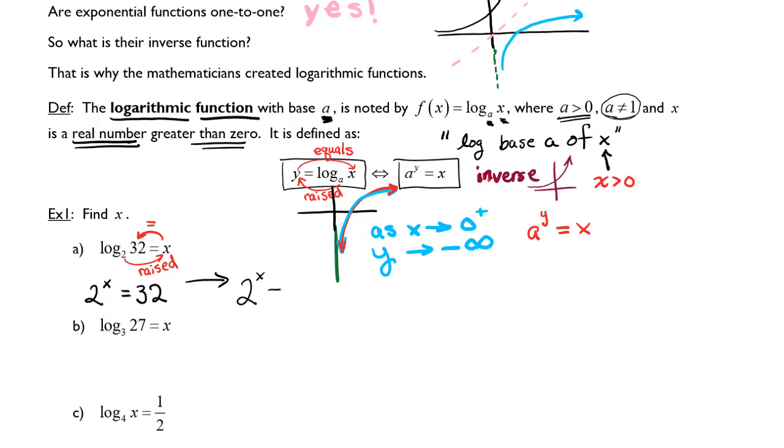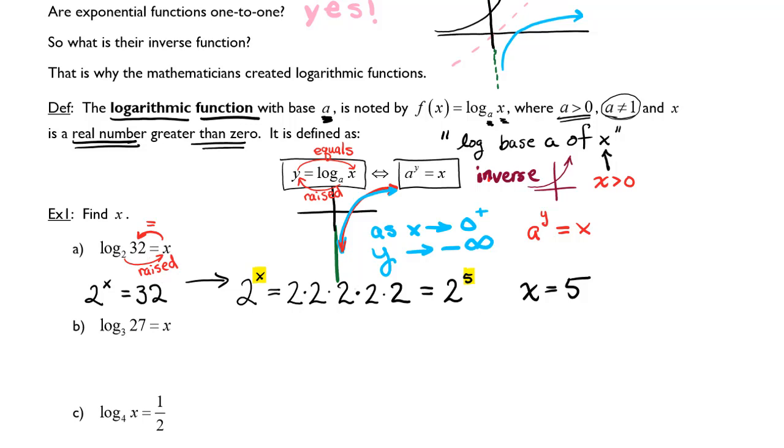Well, I happen to know by the rules of exponents that if I can get my bases to match, I can drop the bases and just equate the exponents. So I have 2 times 2 is 4, times 2 is 8, times 2 is 16, times 2 is 32. This is equivalent to 2 to the 5th, which means if I equate my exponents, I will have x equals 5.